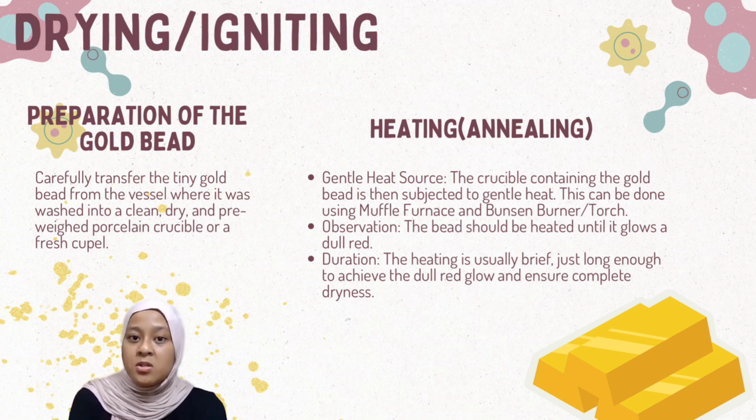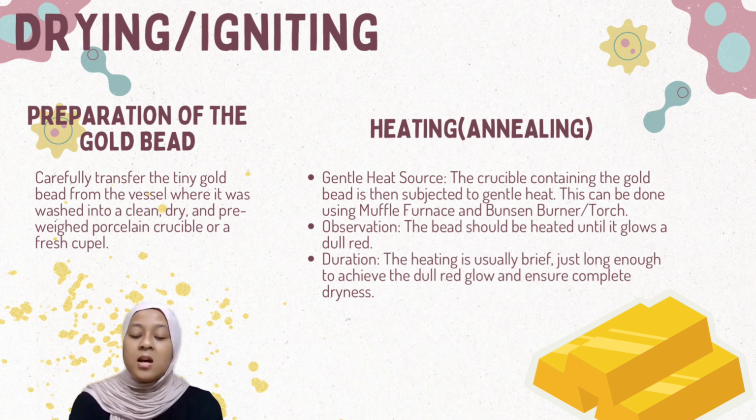It is crucial to ensure no loss of the bead during this transfer. Sometimes the bead is already in a small porcelain crucible for the parting step, which can then be used directly for annealing.